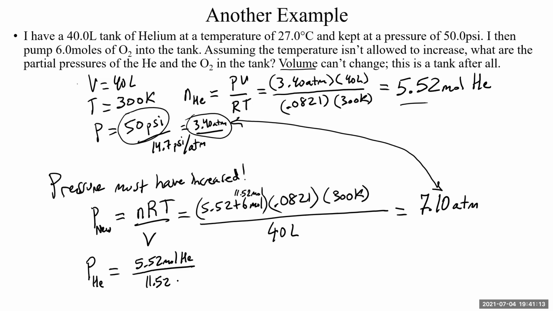Now that we have oxygen in the tank, our total number of moles is no longer just the 5.52. It was 100%, a mole fraction of 1. Now it's a little under half, moles of helium over moles of O2 plus helium. So that equals 5.52 divided by 11.52, multiplied by our total pressure, which is 7.1 atmospheres.